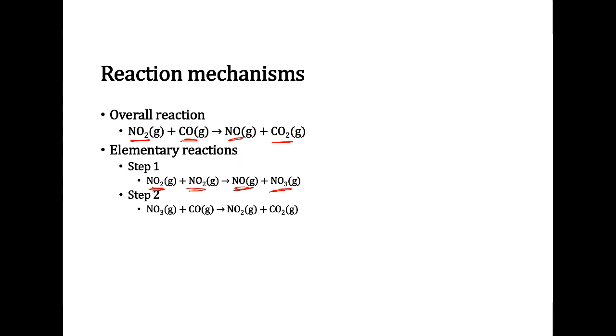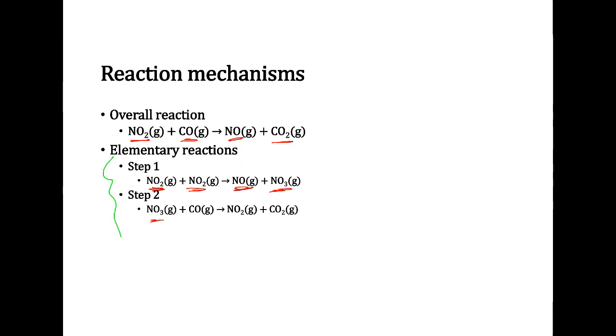Then from there, we have an NO3 molecule colliding with a CO molecule, and that forms an NO2 molecule and a CO2 molecule. So notice that not everything that appears in the elementary reactions is in the overall reaction.